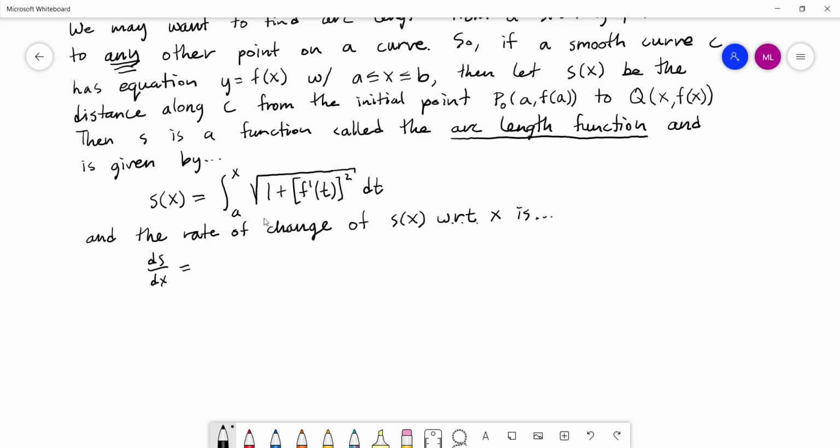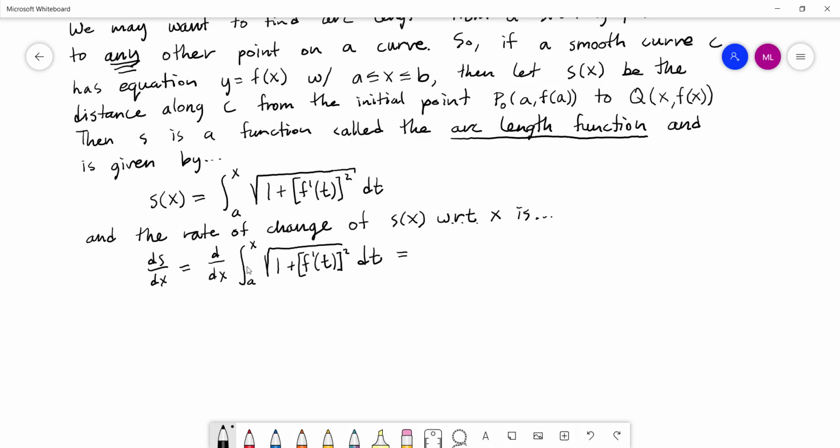But what happens when you take a derivative of an integral like this? Again, our fundamental theorem of calculus says if we take d dx of the integral from a to x of the square root of 1 plus f prime of t squared dt, this is the fundamental theorem of calculus, back from Calc 1.